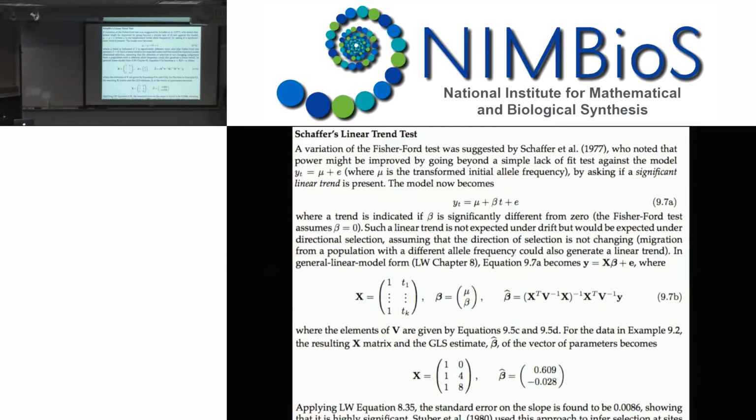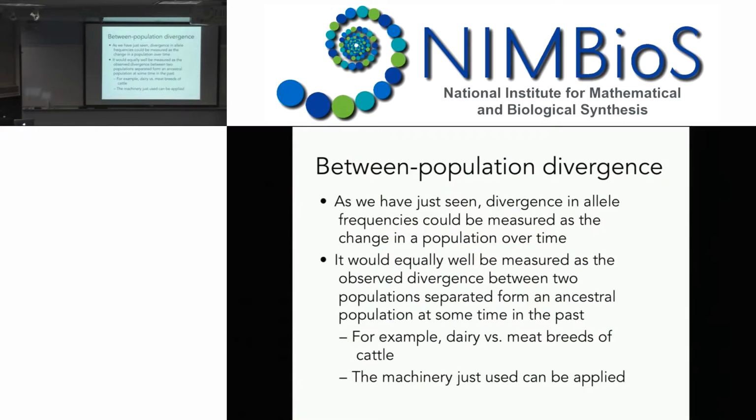So the second category of divergence tests: I can have allele frequencies diverging over time, and I can have allele frequencies diverging over space. I've got a central population, and I have daughter populations that come from that. I can then ask, is the divergence among those daughter populations excessive? So these are between-population divergence tests.